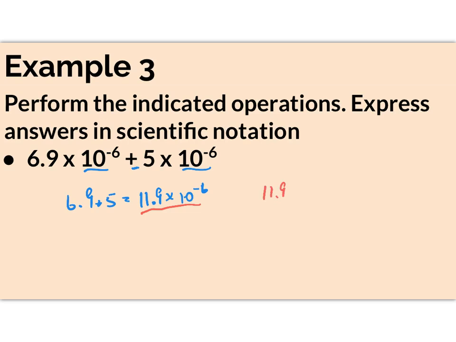11.9 moves 1, 2, 3, 4, 5, 6. And to make this 1.19 times 10, we go 1, 2, 3, 4, 5, times 10 to the negative 5th.